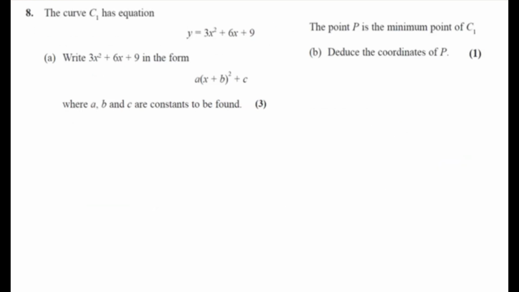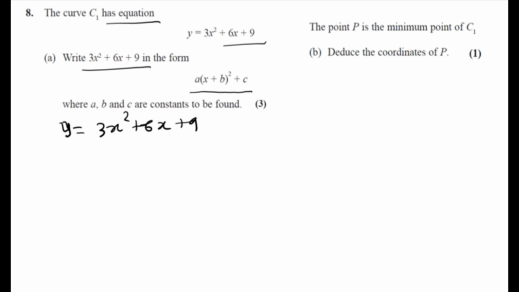Okay. Question: the curve C1 has equation 3x squared plus 6x plus 9. Write this in the form a into (x plus b) squared plus c. Now this is completed square form, so we will try to convert our function into this form. So y is equal to 3x squared plus 6x plus 9.